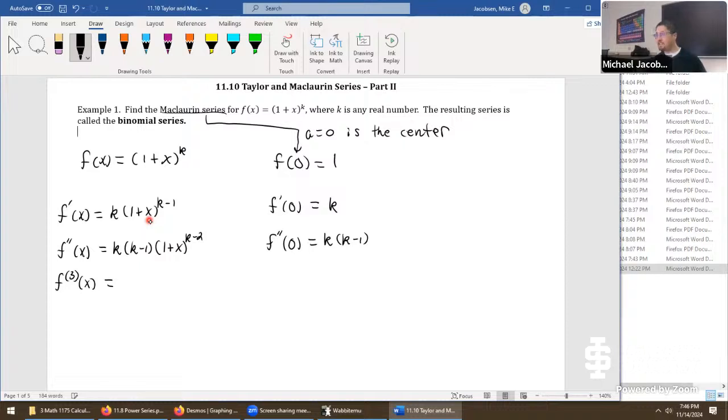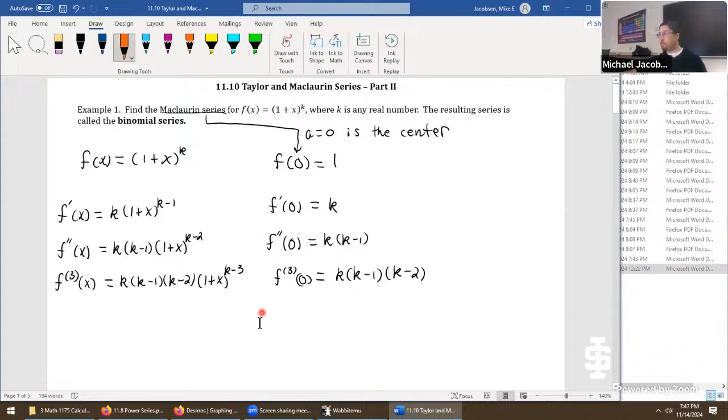So f triple prime of x is now k times (k minus 1) times (k minus 2) times (1 plus x) to the power k minus 3. And so now this implies the third order derivative at 0 is k times (k minus 1) times (k minus 2).